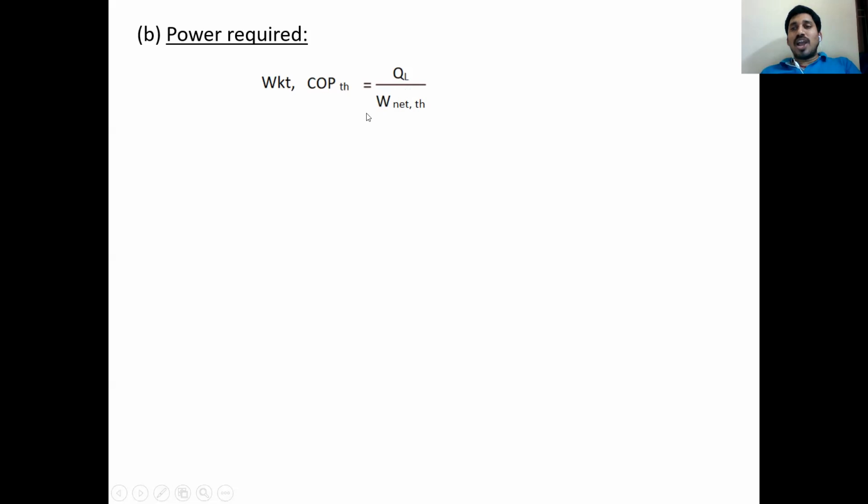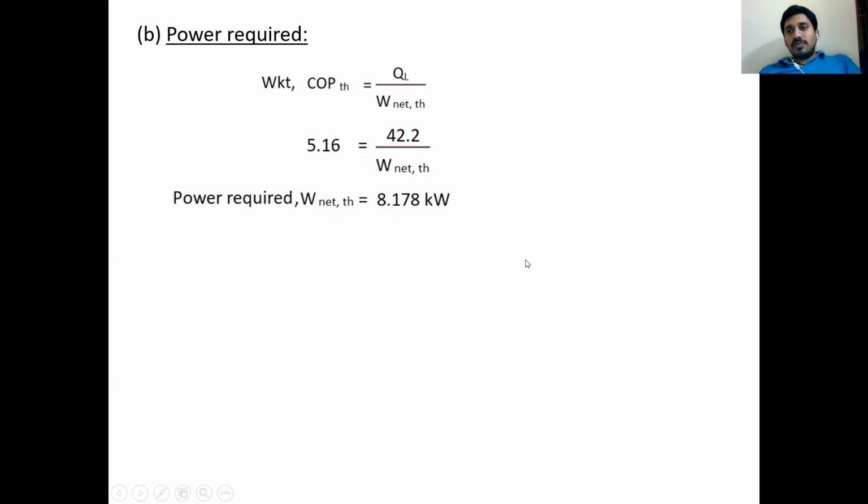This value you need to calculate in this objective. But COP we just determined as 5.16, and QL we already got from the problem as 42.2. So we determined that the power required to drive the refrigerator, W net theoretical, is equal to 8.178 kilowatts. This is power. That's why I have said in terms of watts, kilojoules per second, kilowatt.